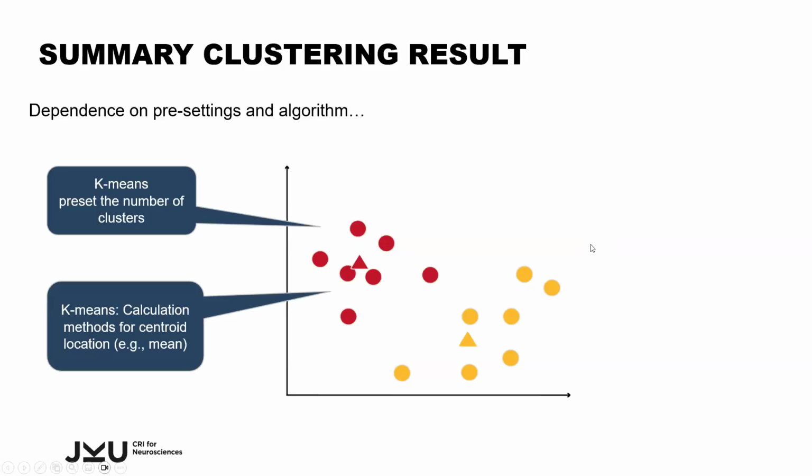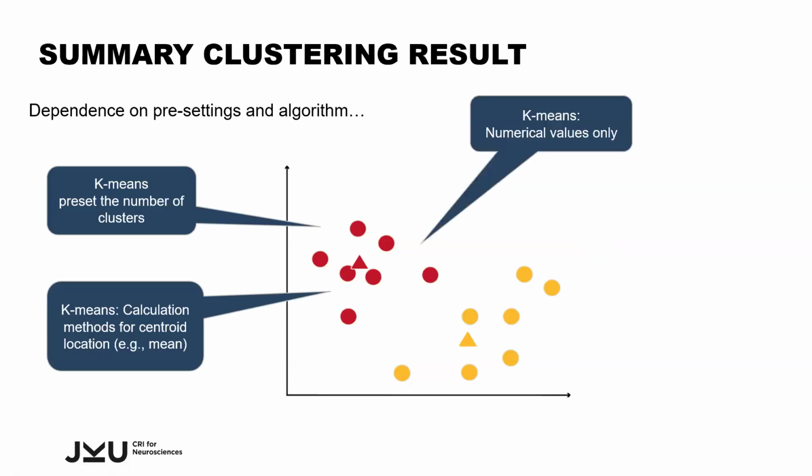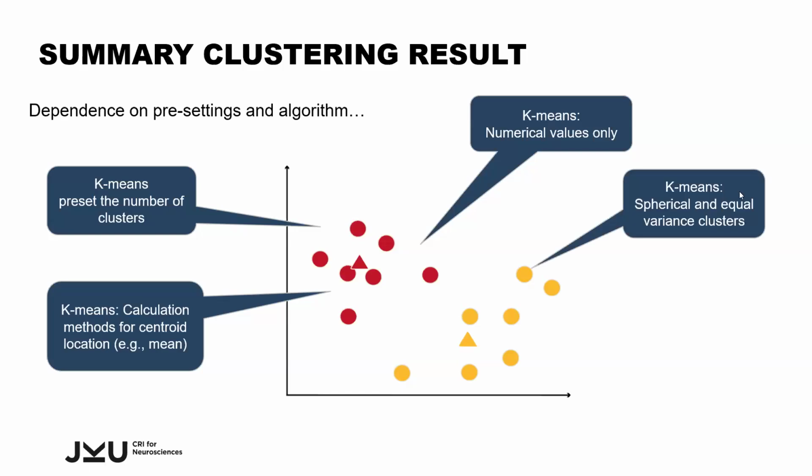So we use k-means, but you also have like k-median that you compute not the average value within the cluster, but the median value. And then you have that k-means is only applicable for numerical values. And you also have the limitation that for k-means in particular, you have always spherical and equal variance clusters since you compute this distance.